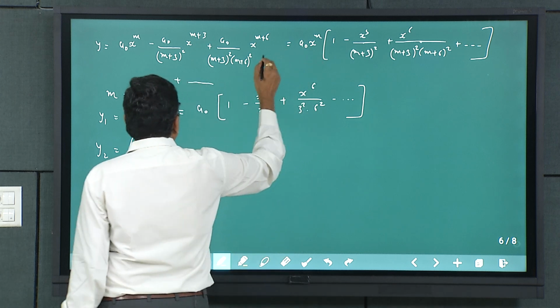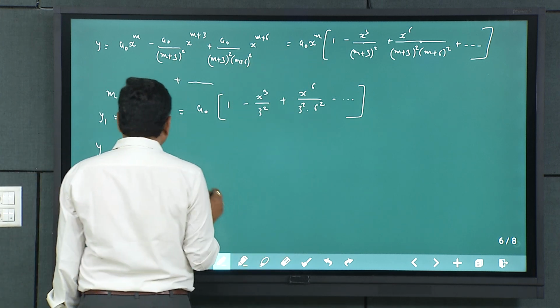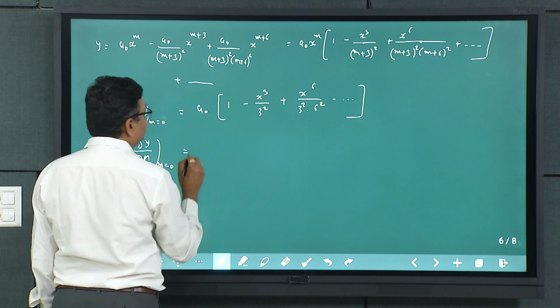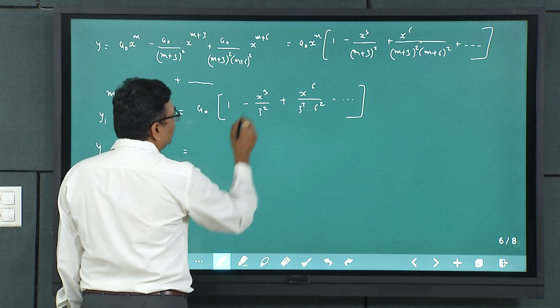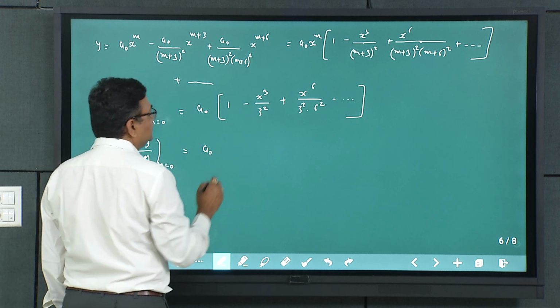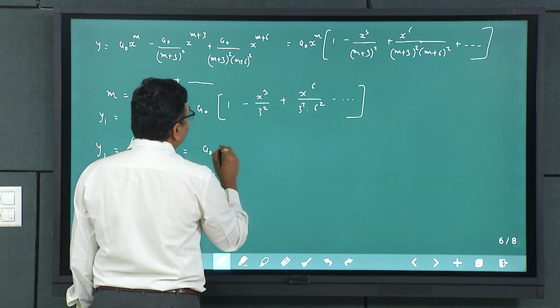So this is my y, right. So take the partial derivative of this y with respect to m. So first of all, derivative of this one a0, what is the derivative of x raised to m with respect to m?